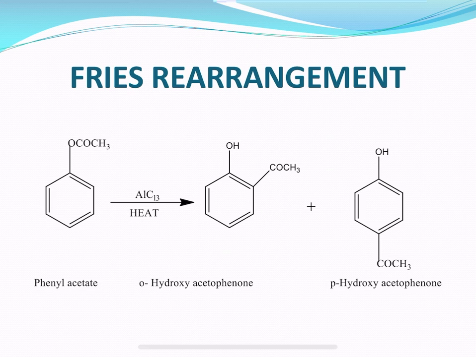Okay, and next we understood the acidic properties of phenols. So phenols are acidic in nature. That is because of the formation of stable phenoxide ions. How the stable phenoxide ion is formed was clearly understood in our previous class.